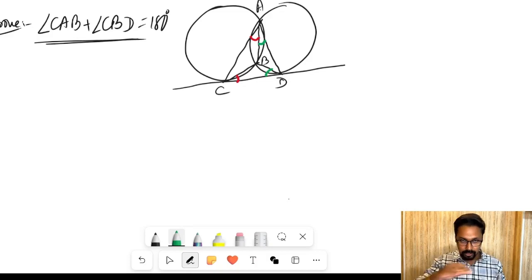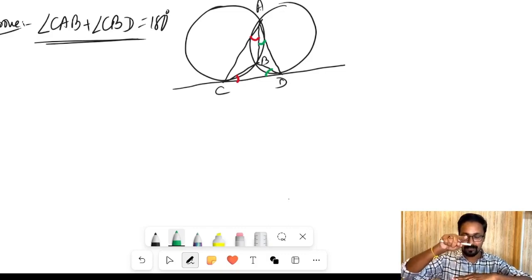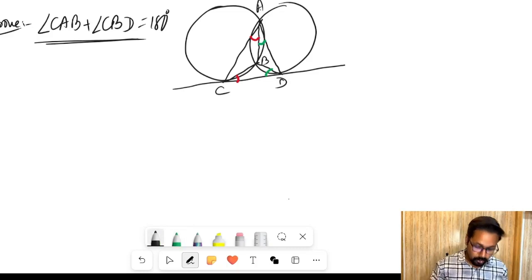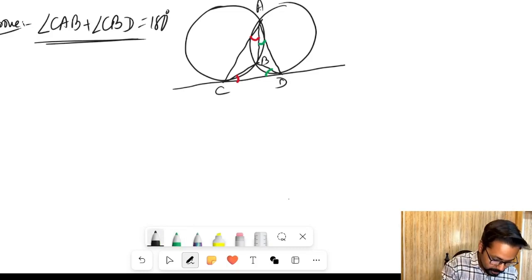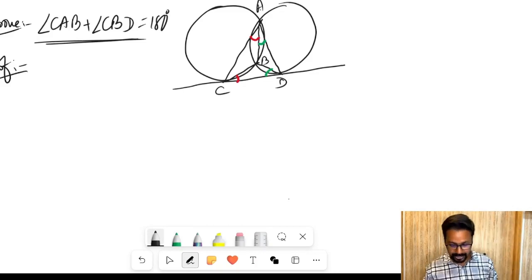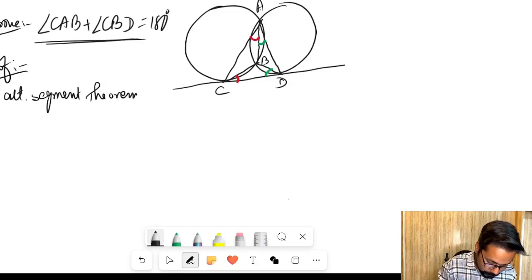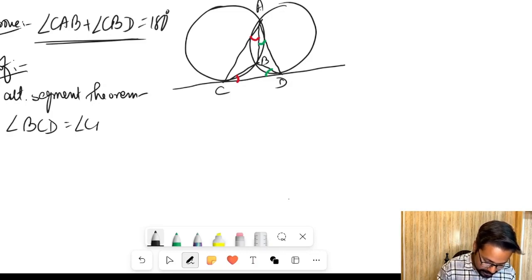We are having a tangent and a chord here. The tangent and chord are forming an angle, and this chord is forming an angle in the alternate segment. So there we will have another angle, and the two angles will be equal. So according to our theorem, if we start the proof, we can write that by the alternate segment theorem, angle BCD is equal to angle CAB.